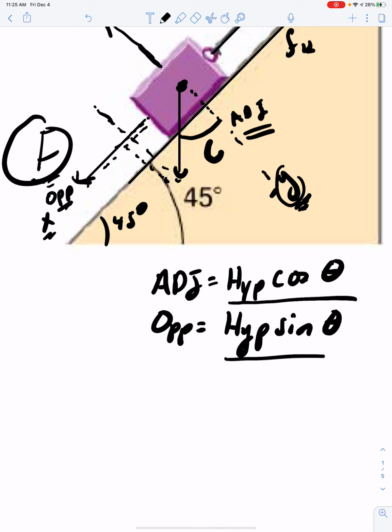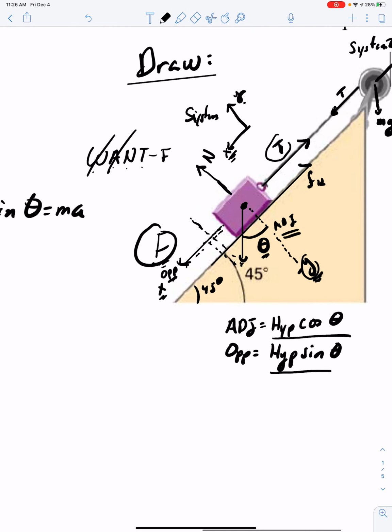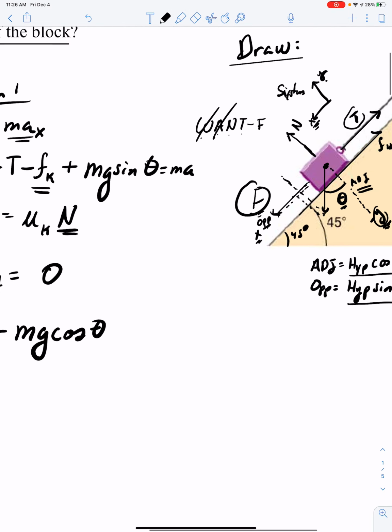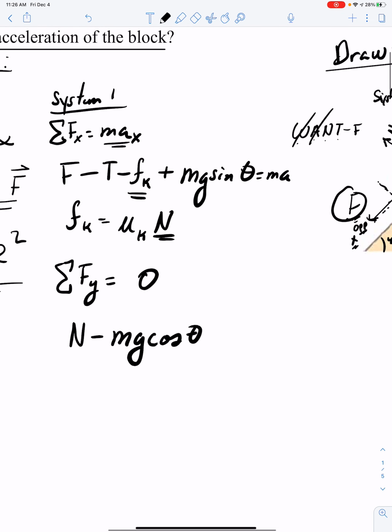So in the moment of analysis right here, since theta is between this y axis and the vector of weight, we have to solve for adjacent. And adjacent is hypotenuse cosine theta for the y direction. That equals 0.